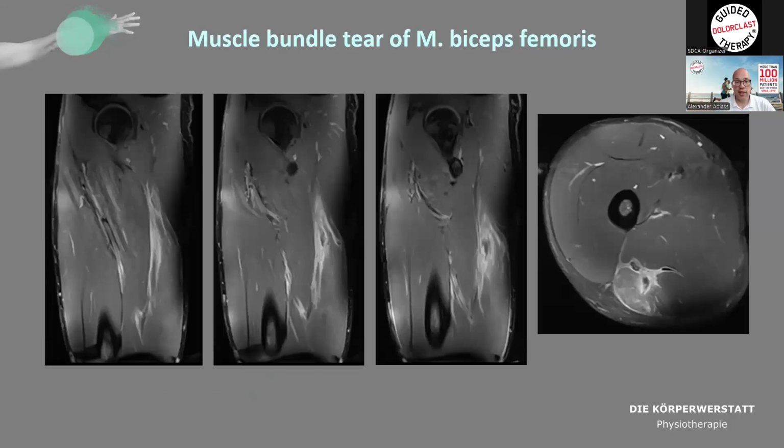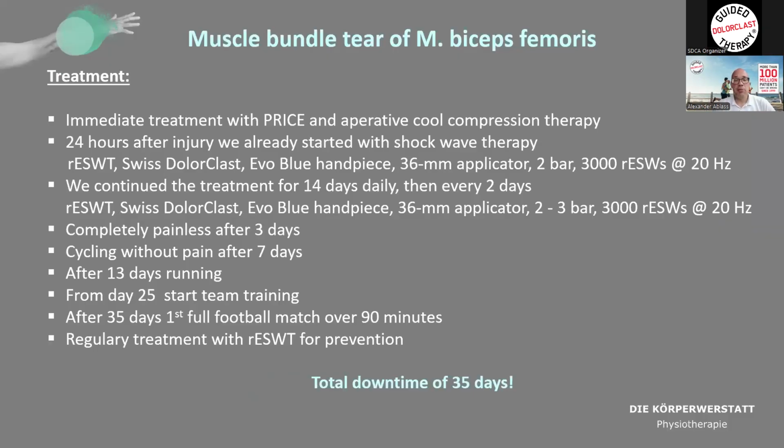In this case, you can see a big muscle injury, a lot of fluid around the tissue. Immediate treatment with PRICE and some good compression therapy. Then we start in this case 24 hours after the injury. We try even to start within 12 hours with the first shockwave therapy, to reduce swelling and reduce pain.